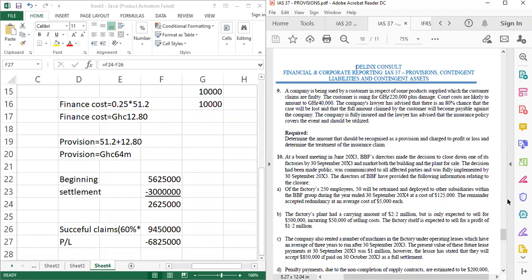Okay, why are you saying that to be 220,000 plus 40,000? I think that is the cost of the supply, and the suing cost and the case cost will be the 40,000.